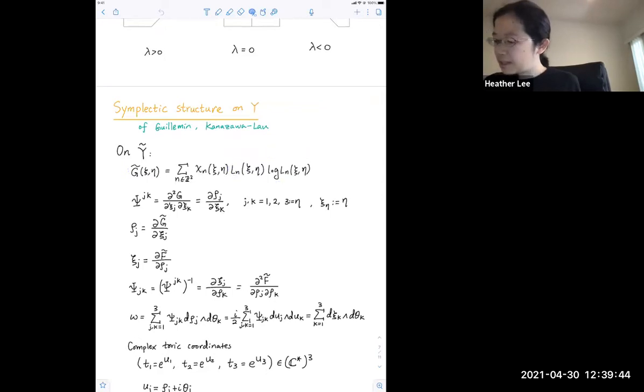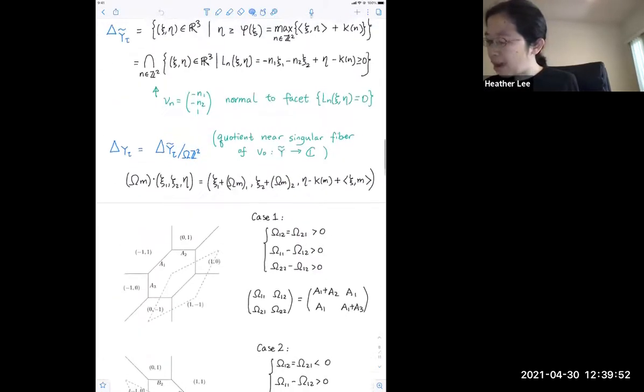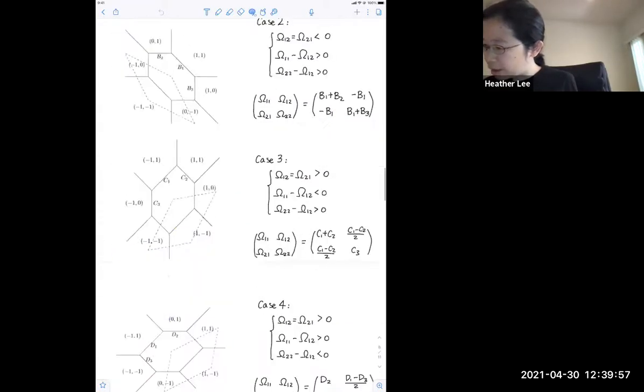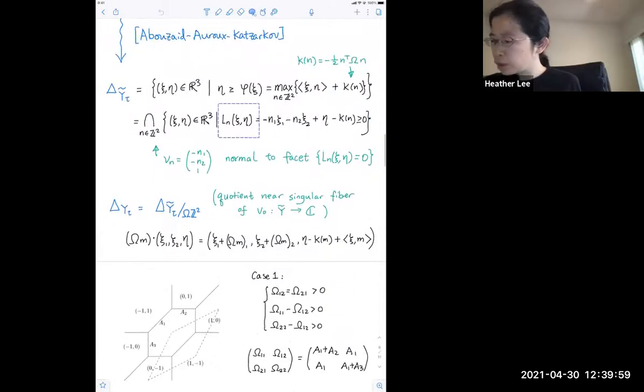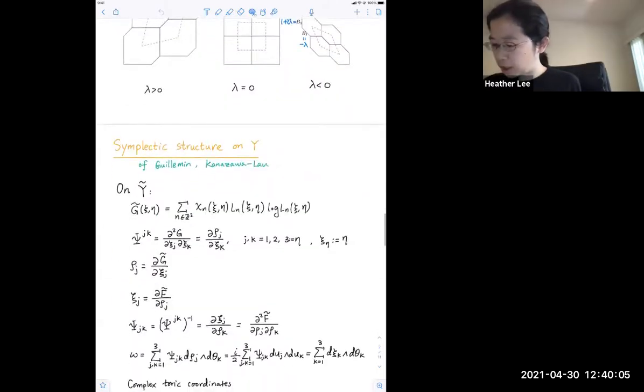And you can see that this potential function entirely depends on the combinatorial structure of the moment polytope, because this function L, if we know what the moment polytope looks like, we can immediately write down.